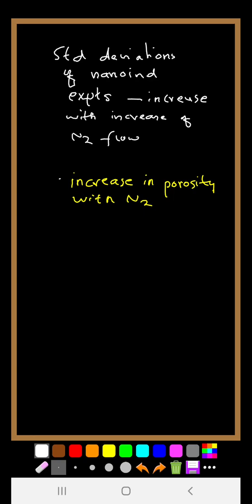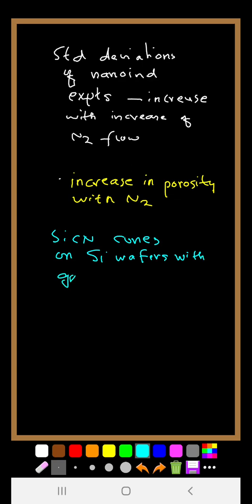Apart from films, there have also been SiCN cones which were synthesized on silicon wafers with different gas mixtures.